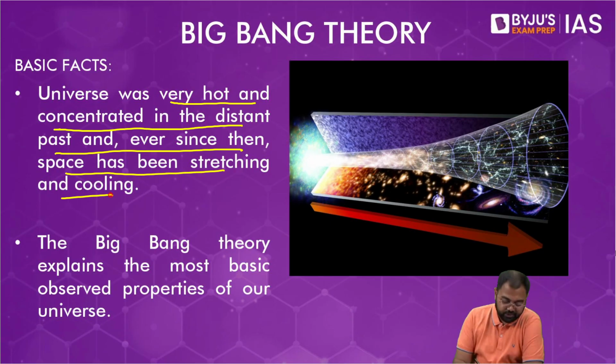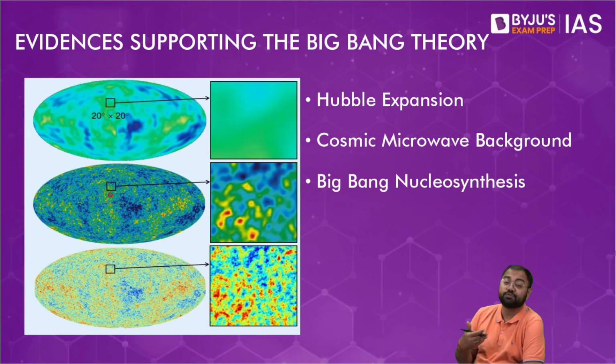Now, why the Big Bang theory becomes the most widely accepted theory is mainly because whatever explanation it had given or whatever predictions it had made about the origin of the universe, everything was found to be correct later. So that's why it became very widely accepted.